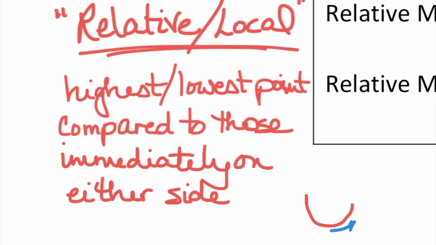You have to have points above a minimum on the right and on the left in order to actually have a relative or local min or max. And so there are going to be times when something looks like it's a high point, but if there's no points on either side of it, then you don't have a local or a relative min or max.